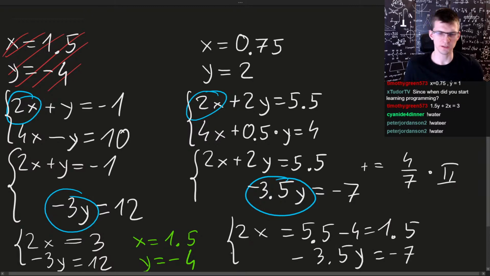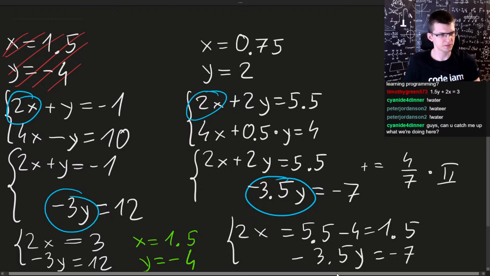So now if you finish at the end of your program, if you print the matrix, it will contain values 2, 0, and 1.5, and then 0, minus 3.5, and minus 7. Right, and from this we can get y and x. y is 2, x is 0.75. Yep, this is good.